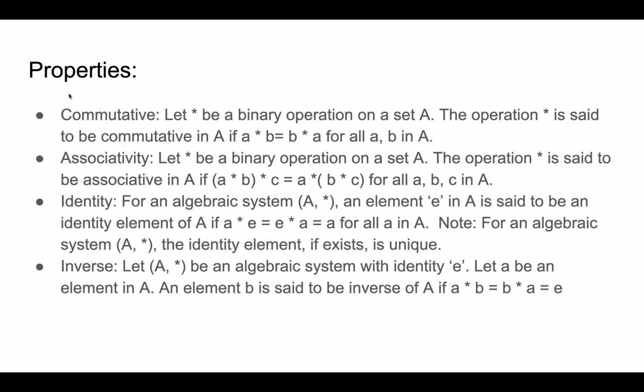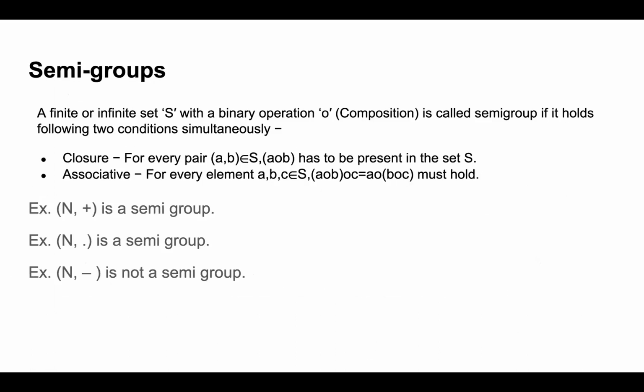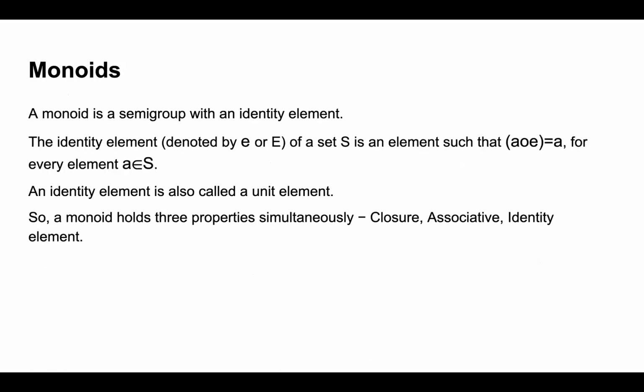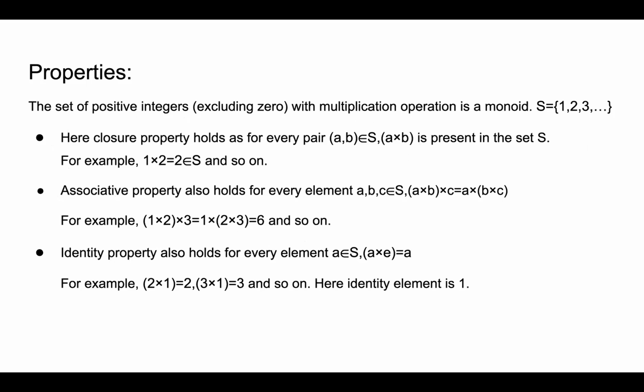For semigroups, two properties are there: closure and associativity. For monoids, if it possesses identity, closure and associativity, then it is called a monoid.